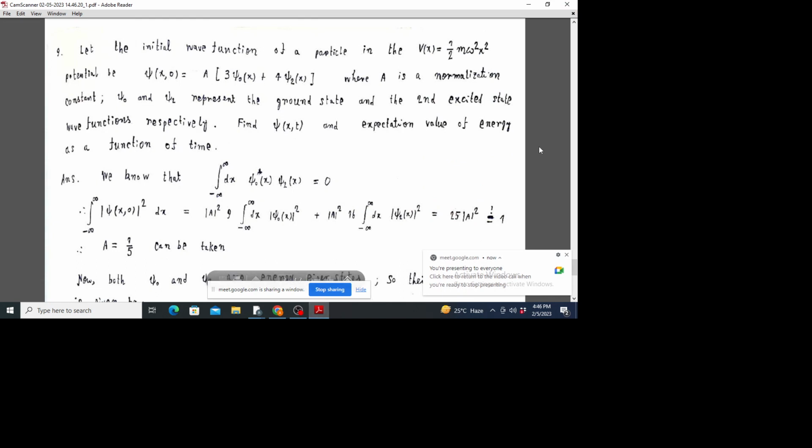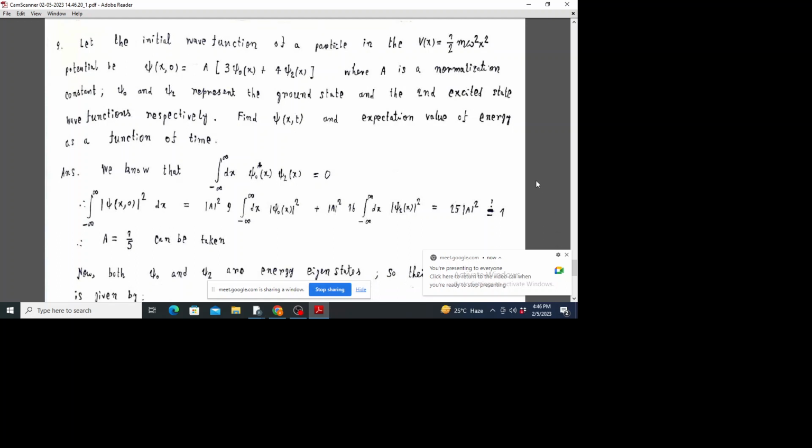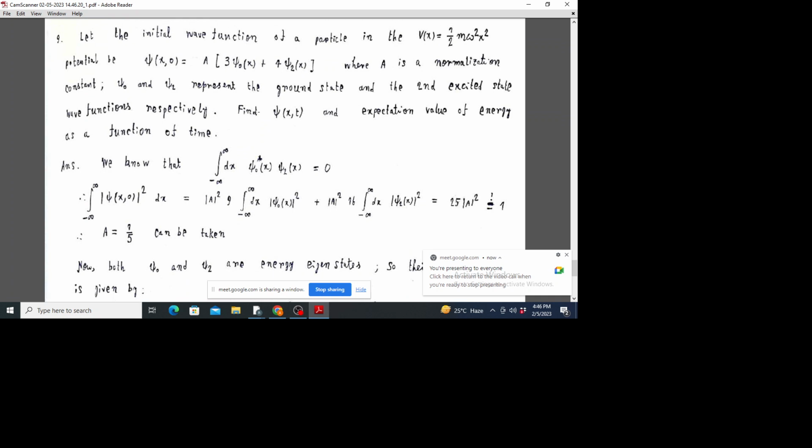So now let us consider the final problem of today's session. That is the simple harmonic oscillator. I am considering only one problem from the simple harmonic oscillator.